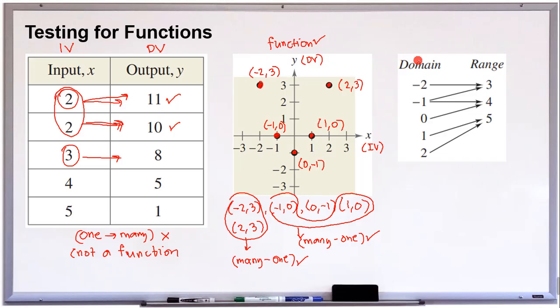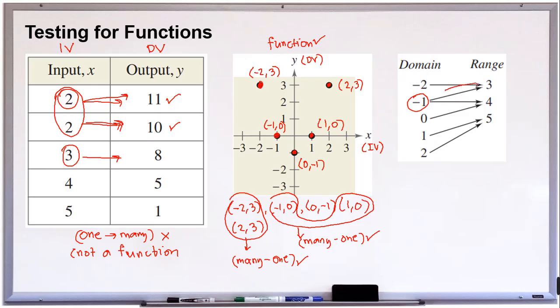So next, for our third example, we have the domain. These are negative 2, negative 1, 0, 1, 2, and the range are negative 3, 4, 5. For our first pair, negative 2 corresponds to a range value of 3, and for negative 1, that is for a single value of our independent variable, which is our domain, we have two or more corresponding values for our range.